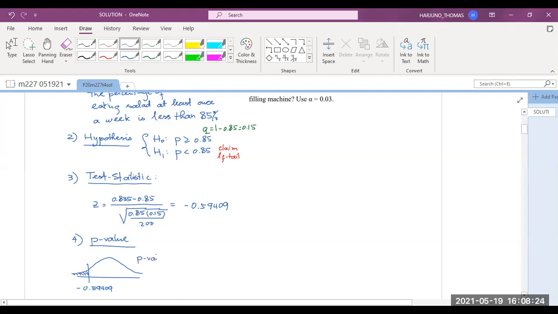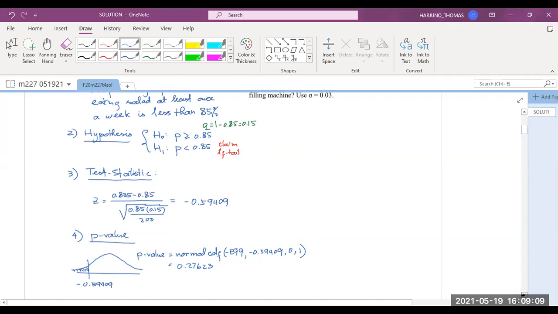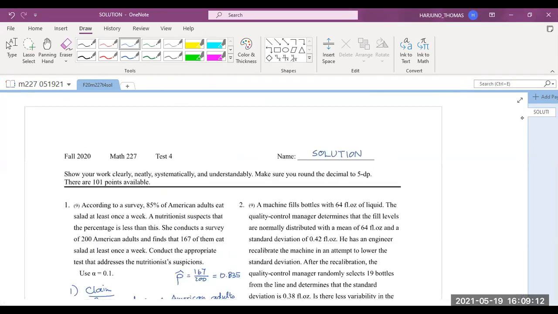That's the p-value: normal CDF, negative E99, negative 0.5940901. That is 0.27623. That's the p-value.